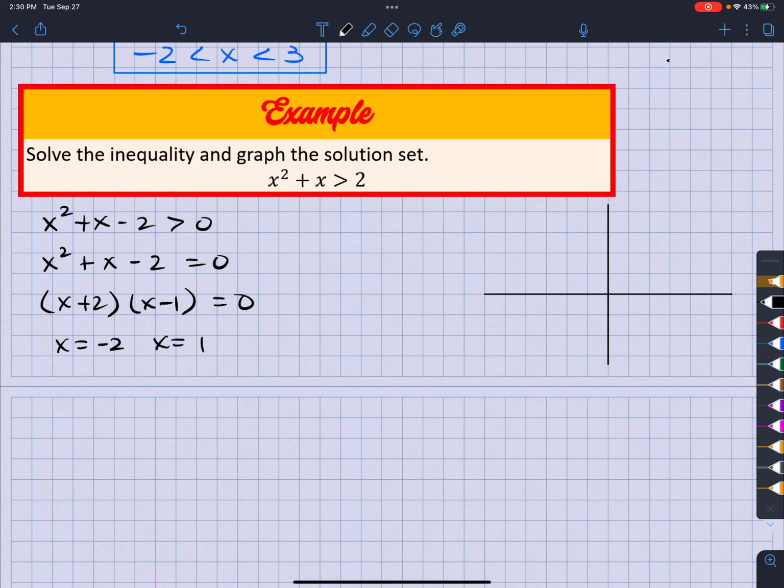So -2 and 1. I can see that this is a positive A, so again, I have a smiley face. And let's see what happens when x is equal to 0. This is 2, this is -1, so it's going to cross at -2. So my graph is going to look something like this.